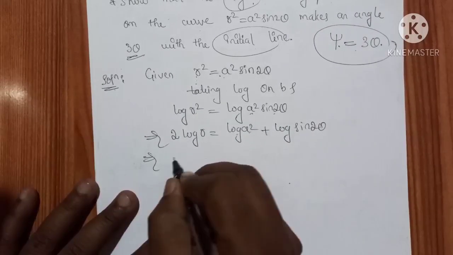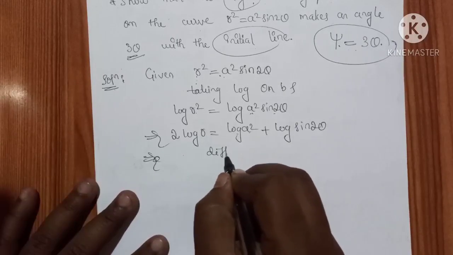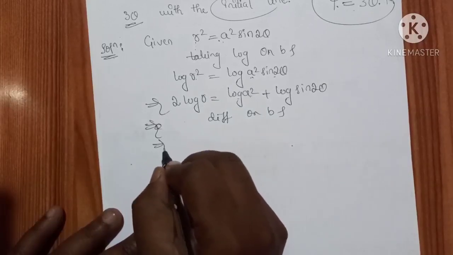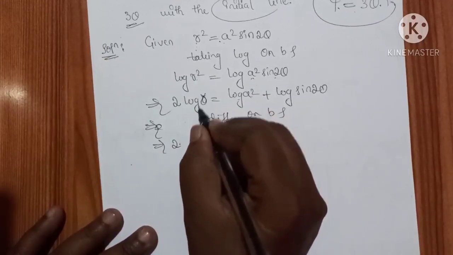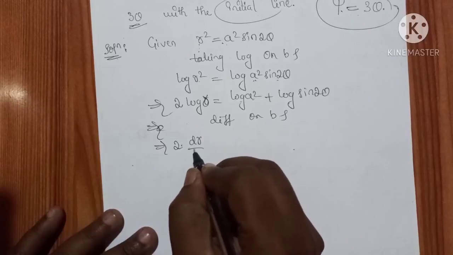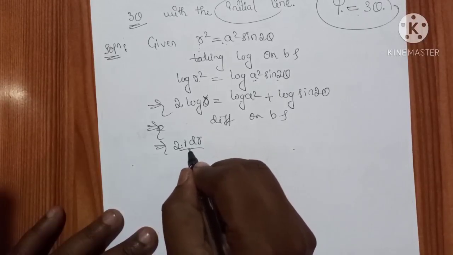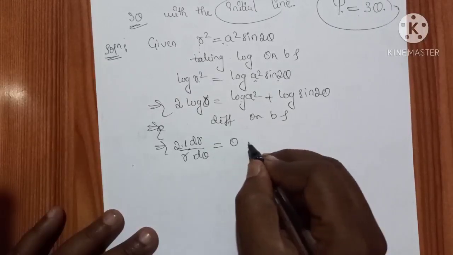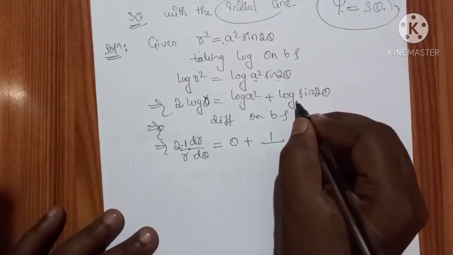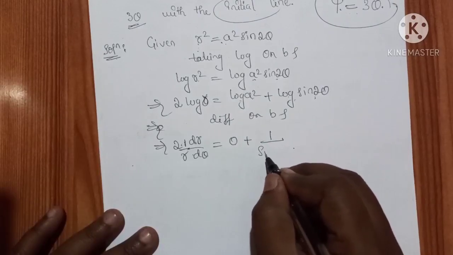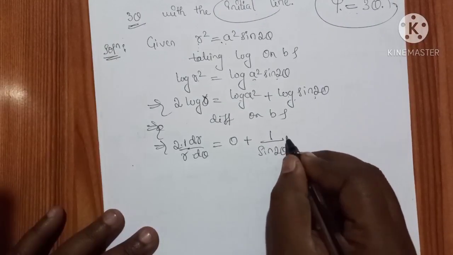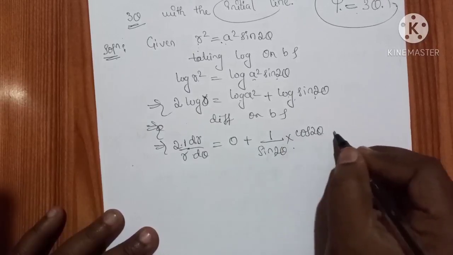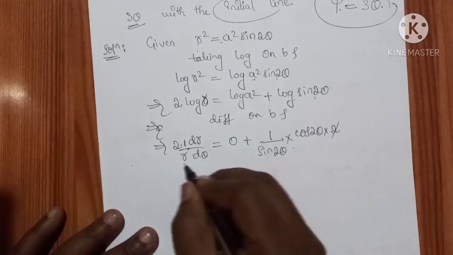Now differentiating on both sides, we get 2 as it is. Log r differentiation is 1 by r into dr by d theta. Log a square differentiation is 0, plus log of x is 1 by x, that is 1 by sine 2 theta into the differentiation of sine 2 theta, which is cos 2 theta into 2. This 2 gets cancelled.